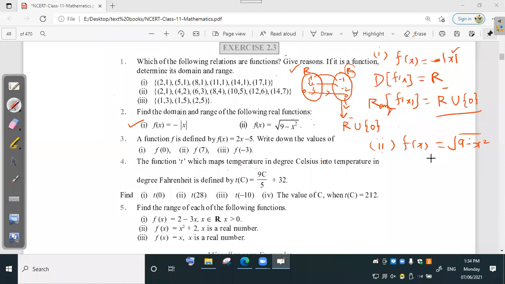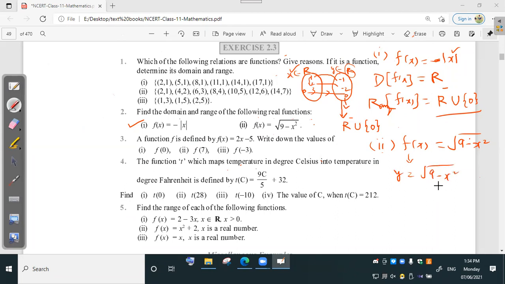We have to find the value of y. These values on the right-hand side are called y and these values are called x. So f(x) is generally y. So it is better to write, for solving, y is equal to under root 9 minus x square.